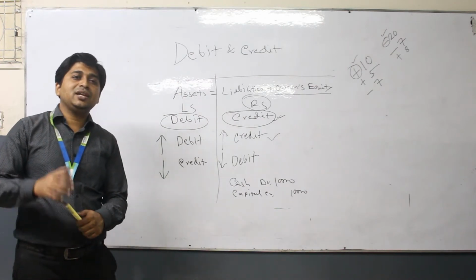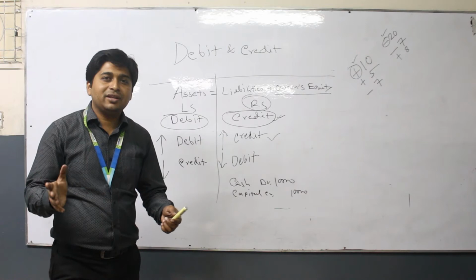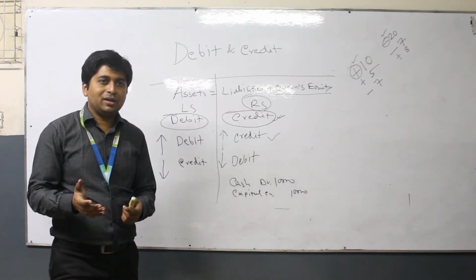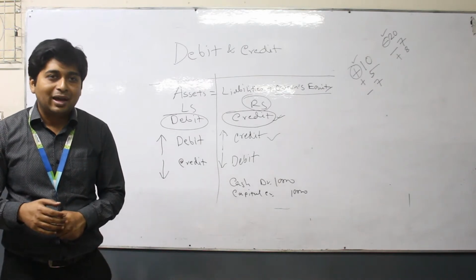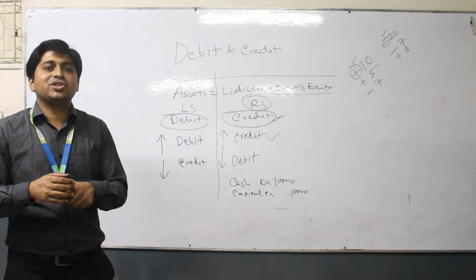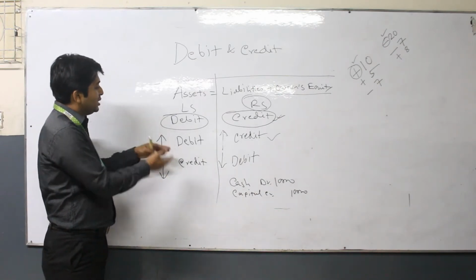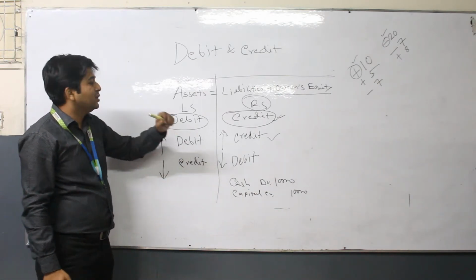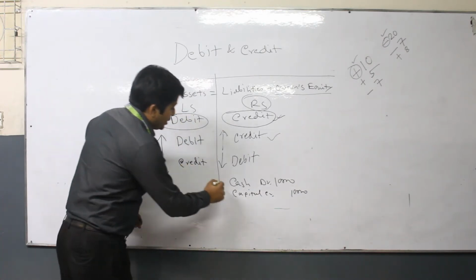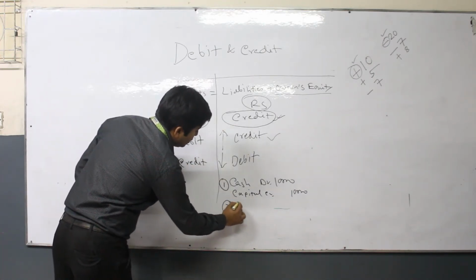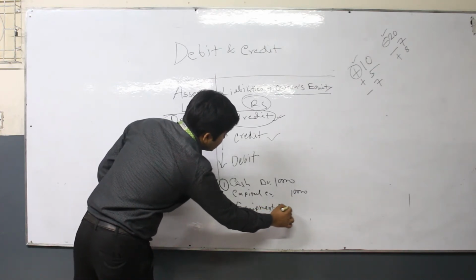Suppose I purchase an equipment of 7,000 on credit. What does it mean? That means I purchase an equipment. Equipment is also one kind of asset, and we are purchasing it, so it will increase. So when the asset increases, that should be debited. So equipment should be debit as the asset is increasing.